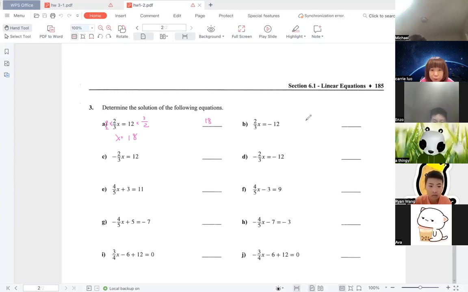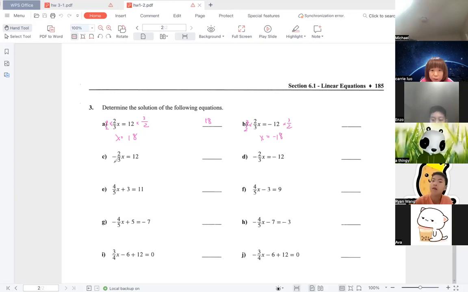Okay, so let's take a look at this one. 2 over 3 x equals -12. That's the same thing. I still times 3 over 2 and times 3 over 2. So x equals -18. Got it?